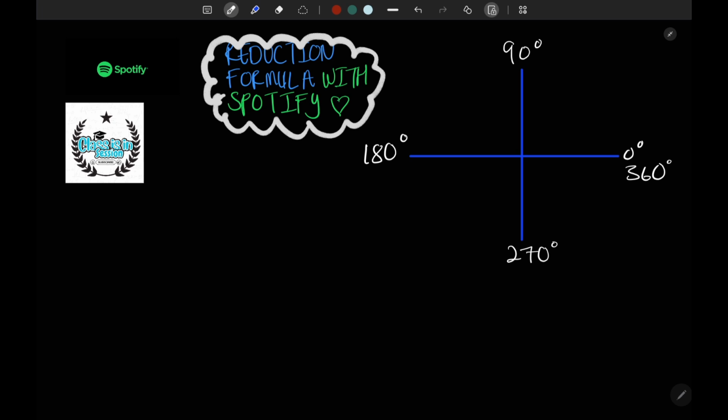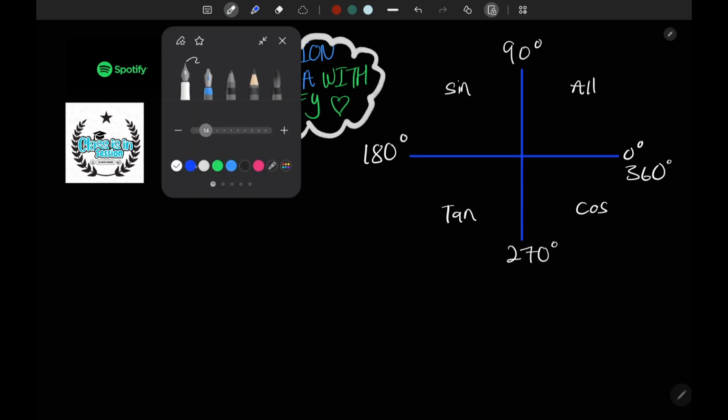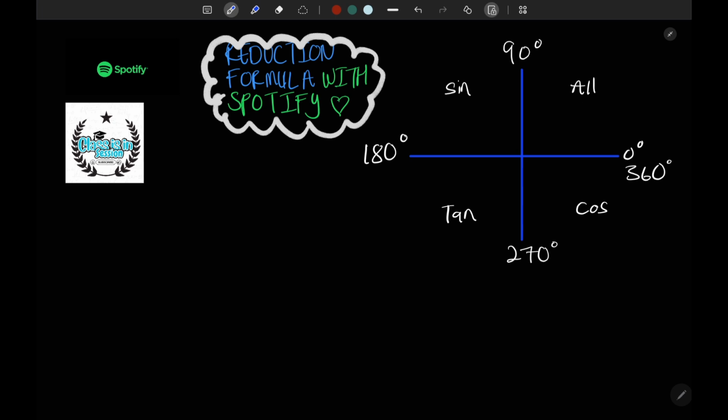All right, I also said that we have CAST in our CAST diagram, which stands for cos, sine, and tan. And I also mentioned that our CAST diagram is divided into 4 quadrants. We have quadrant 1, quadrant 2, quadrant 3, and quadrant 4.